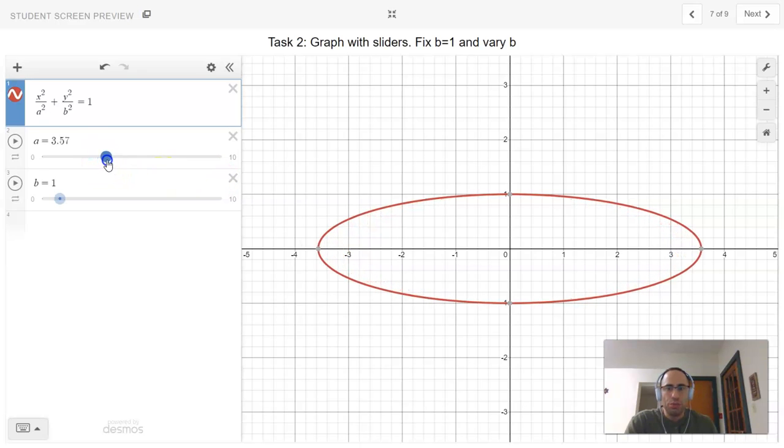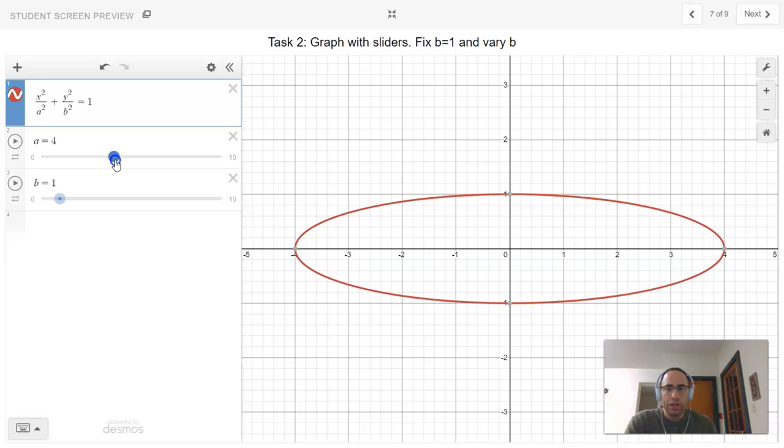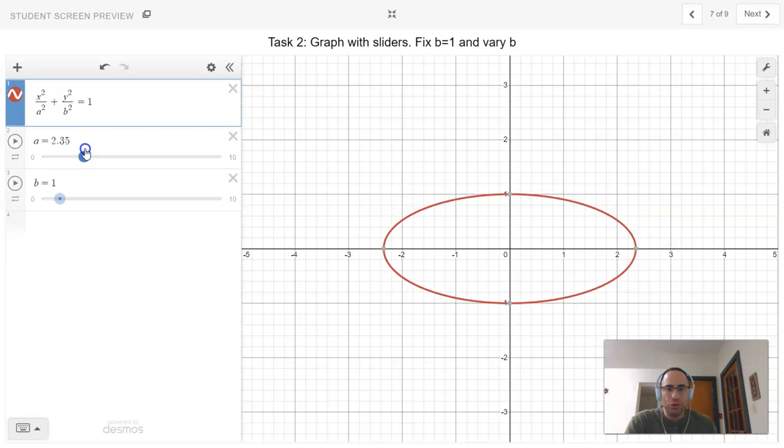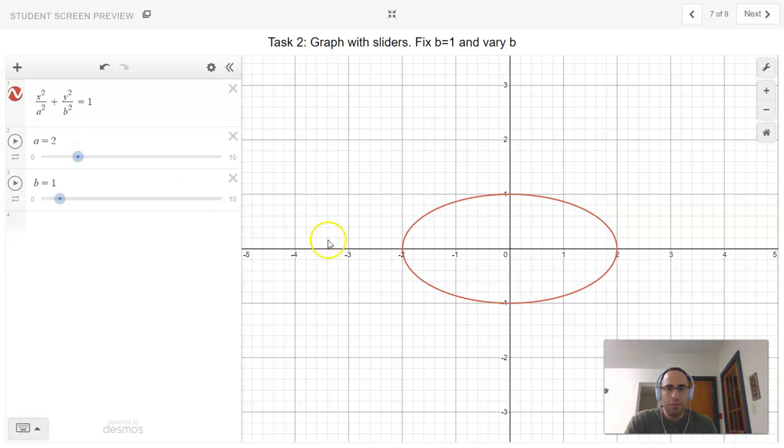Now, watching those points, what happens when a is 4? There we go. You can see from the graph that it's -4, 0, and 4, 0. When I bring it down to 2, as you can see, the points are -2, 0, and 2, 0. So it seems like there's something going on with the a and these points of intersection.